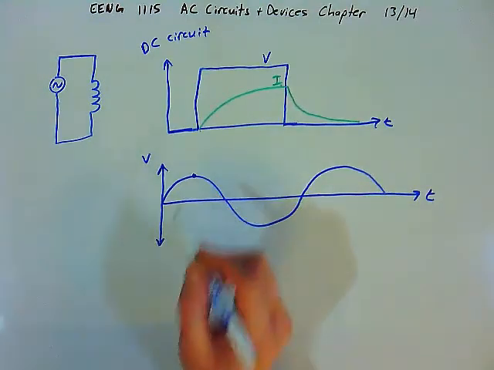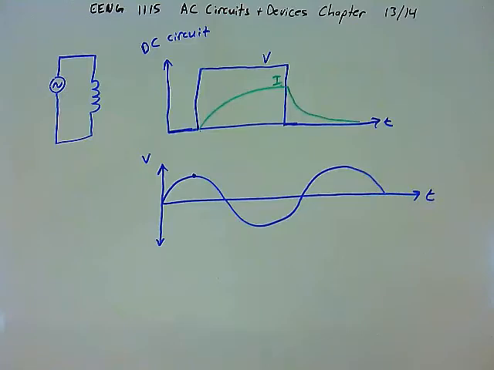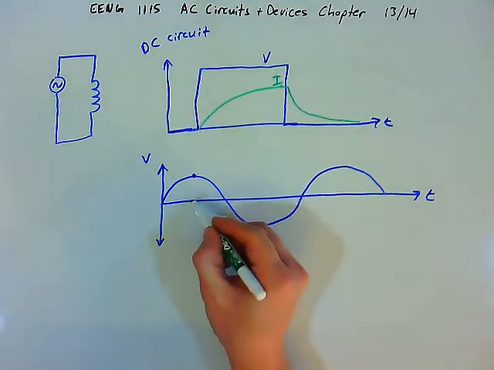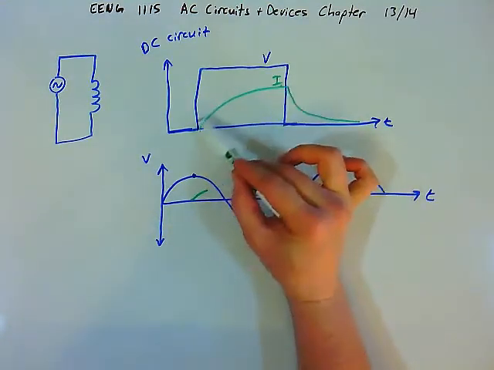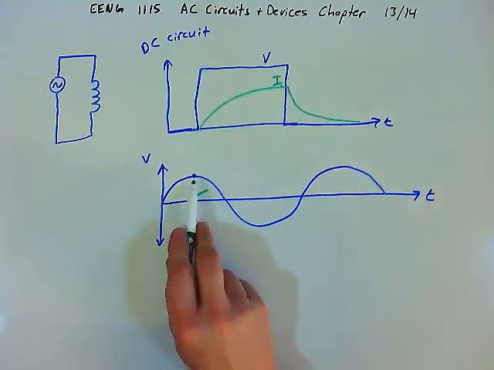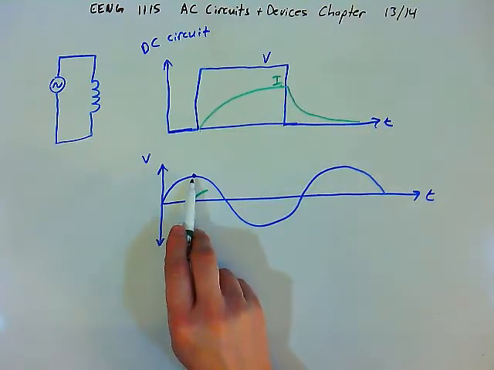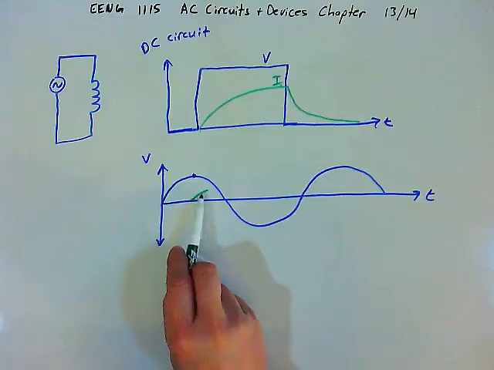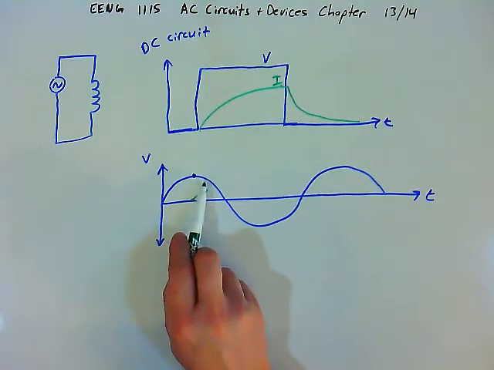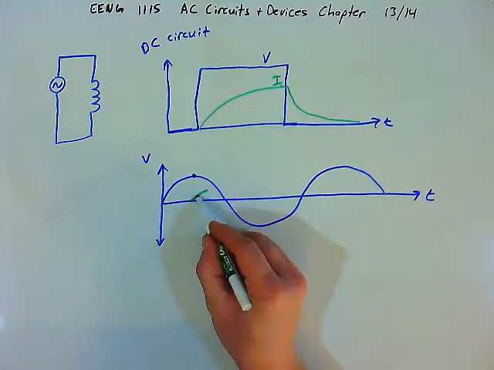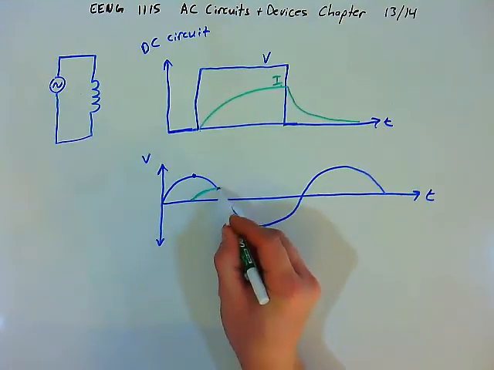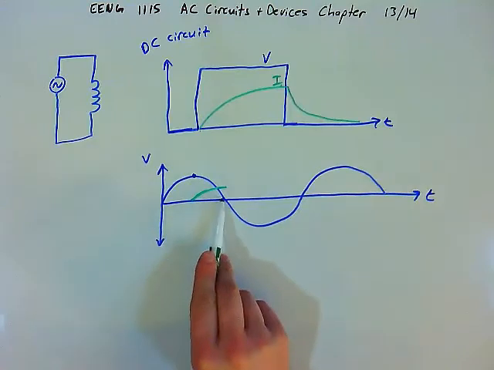When the voltage is at a maximum, the current in the circuit wants to start to rise, sort of like this logarithmic curve here. Except the voltage is not a constant, right? As soon as the current starts to rise, the voltage is already starting to fall. And so the current is flowing, it's flowing, and the voltage starts to fall, fall, fall.